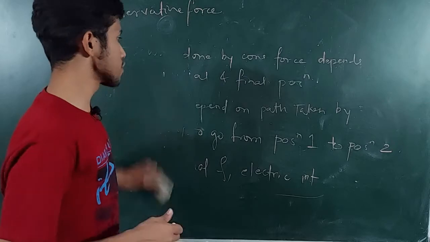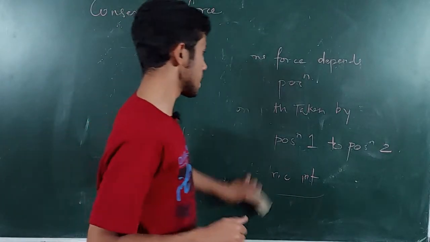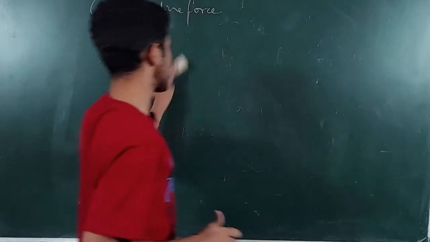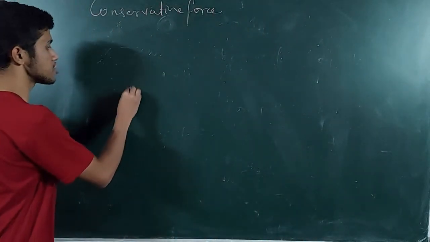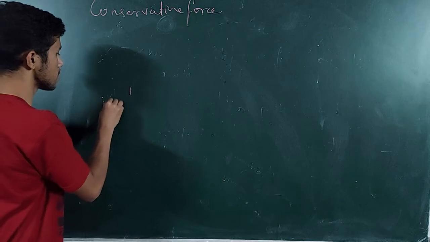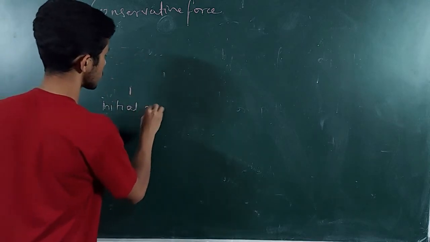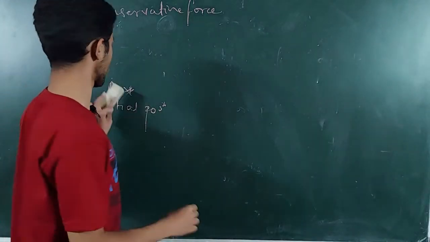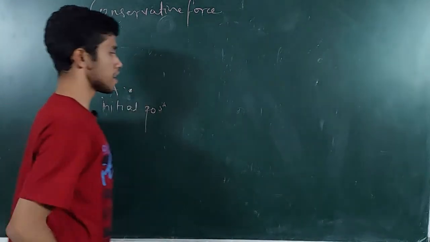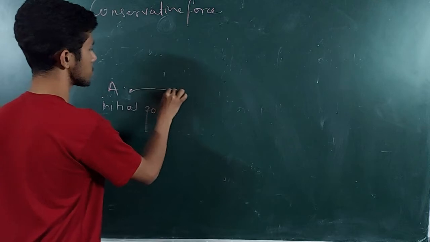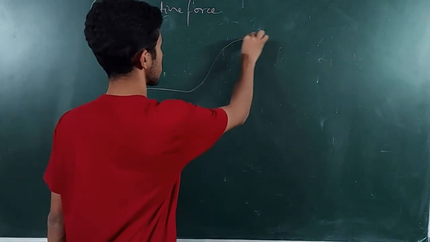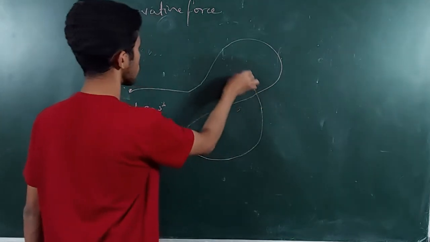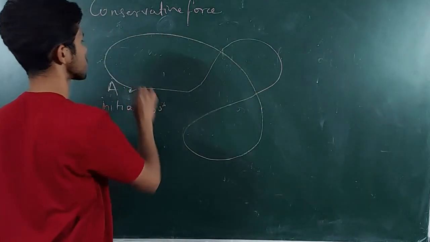Extrapolating this conservative force and these 2 points which we have learned now to a new thing. Suppose this is the initial position, this is a point A. Now suppose the particle goes from this point to this point to this point to this point, and now again it returns to the same point.